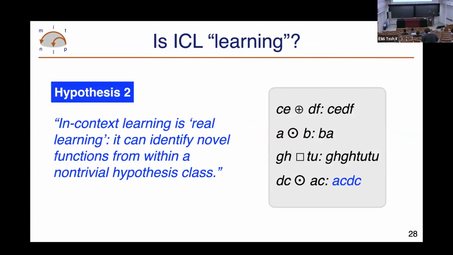I think we can be pretty confident that at least then, maybe not now, this particular example didn't appear in the training data for any of these models. Maybe other things with a similar flavor, a similar grammar induction structure, but not exactly this one. And so competing with that hypothesis that we had on the previous slide is another hypothesis that this in-context learning thing is quote unquote real learning, right?